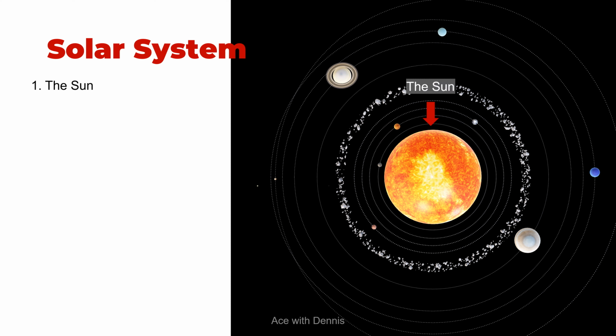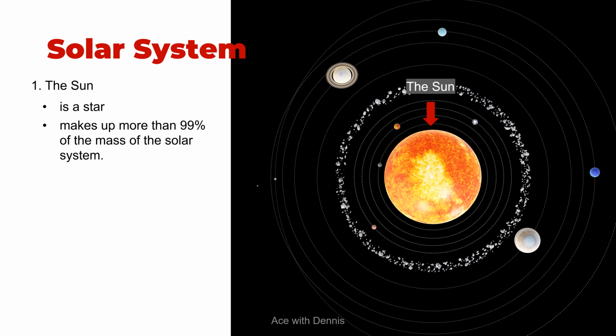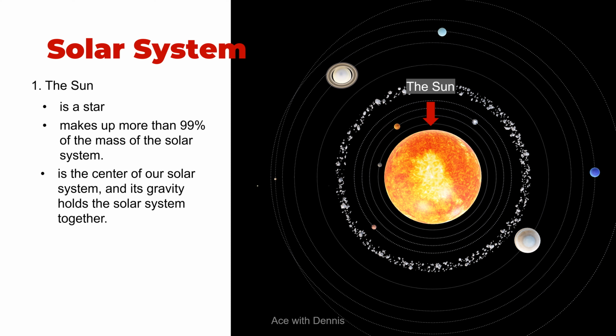This is the Sun. It is a star, and it makes up more than 99% of the mass of the solar system. It is the center of our solar system, and its gravity holds the solar system together. Everything in the solar system revolves around it.